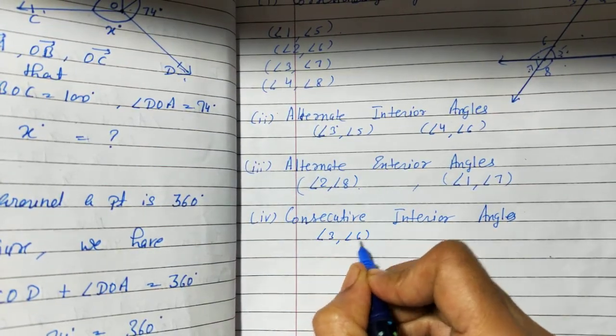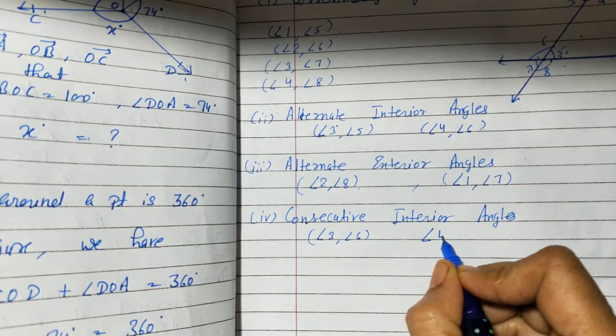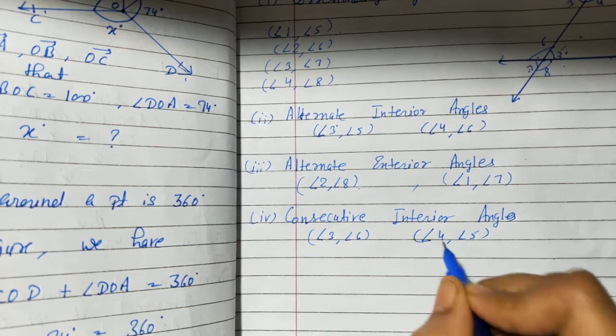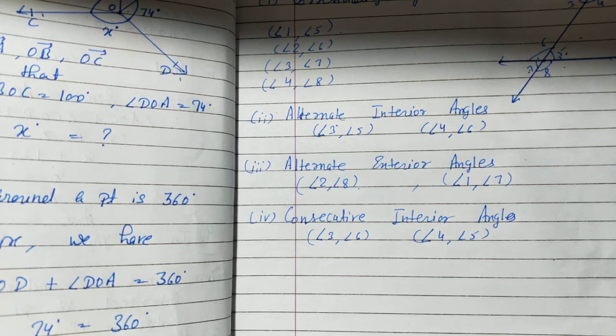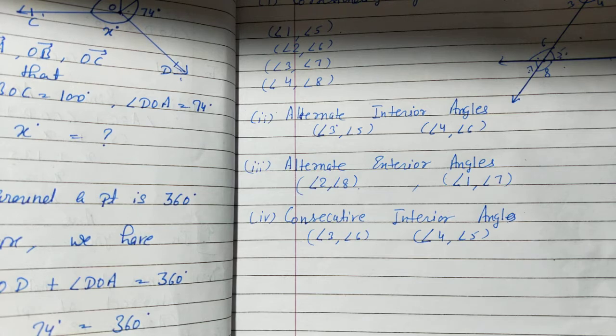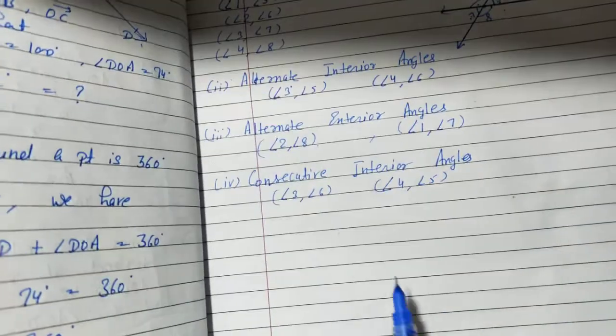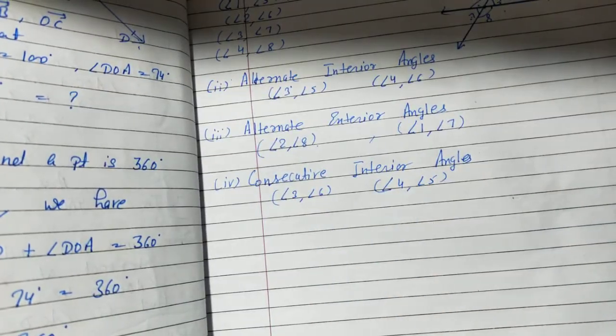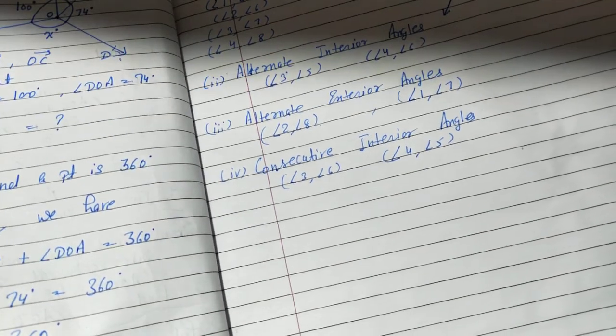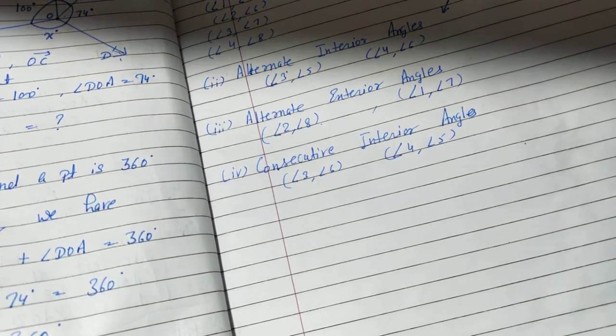Rest all the angles are equal to each other, but consecutive interior angles are supplementary. If lines L and M are parallel, then the sum of consecutive interior angles is 180 degrees. Getting? They are supplementary.